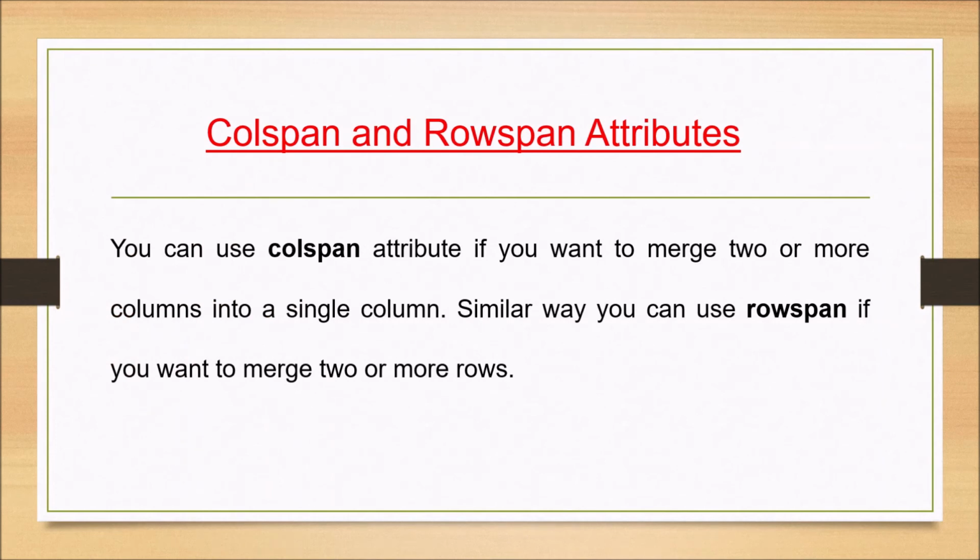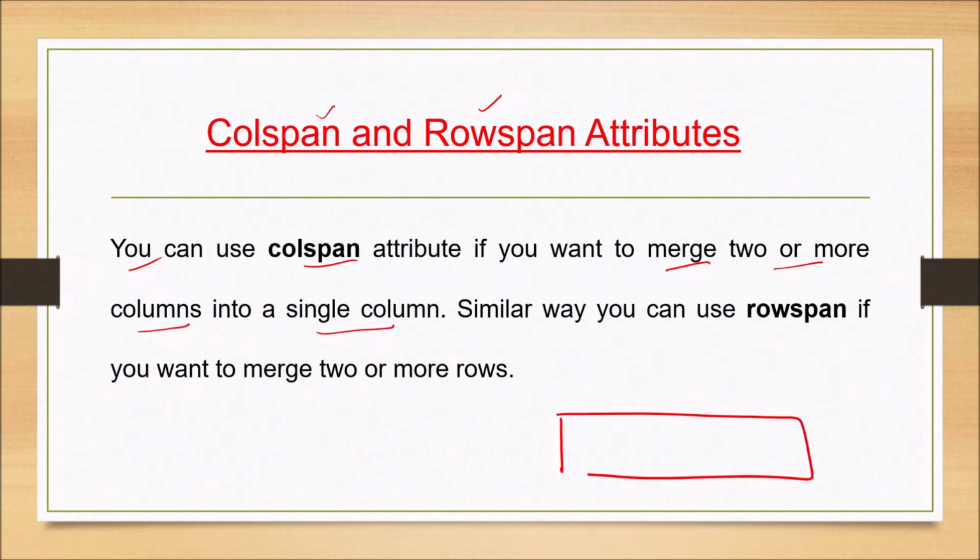So we have two attributes, colspan and rowspan, which we can use while working in tables. You can use colspan attribute if you want to merge two or more columns into a single column.